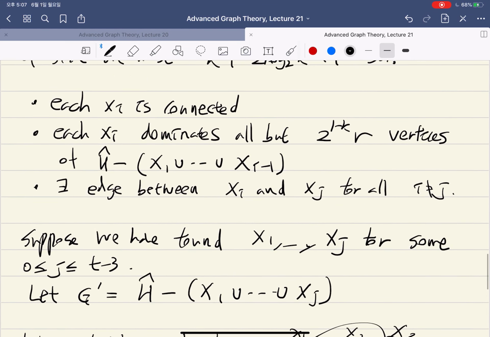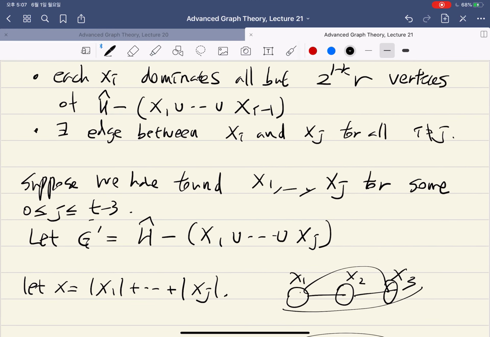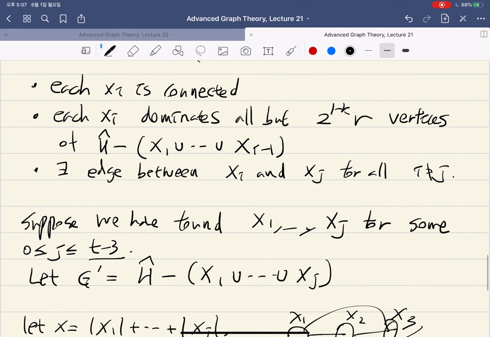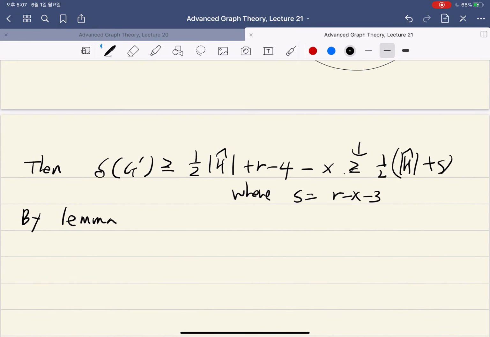And then x is at most t minus 3 times k times t minus 3. That's the upper bound on x.